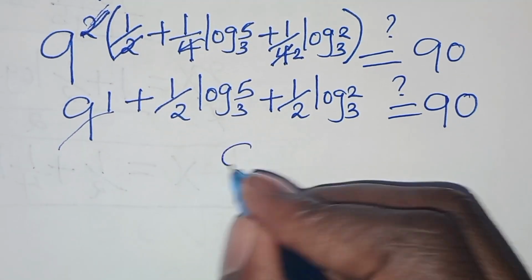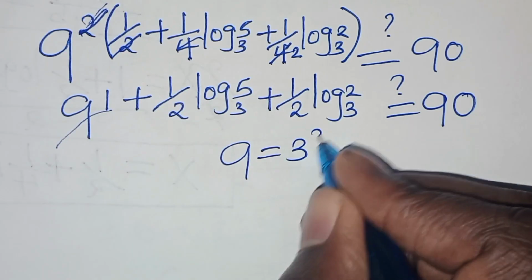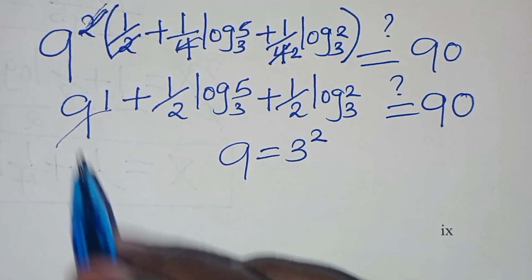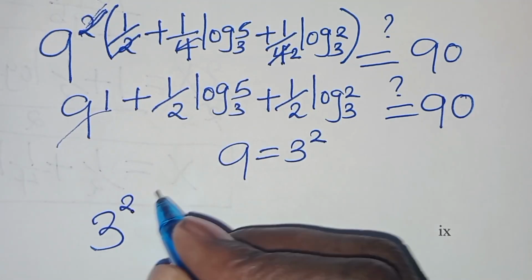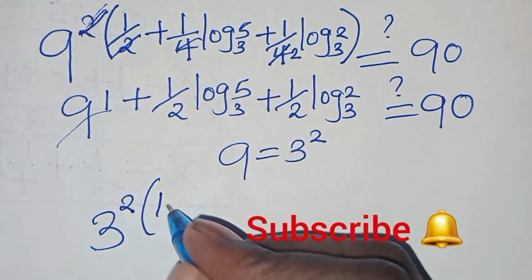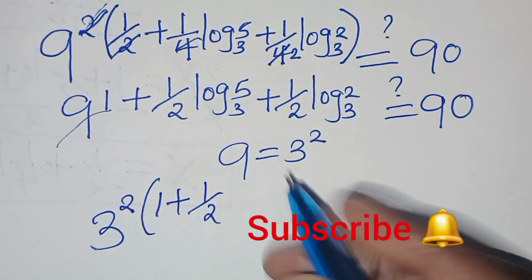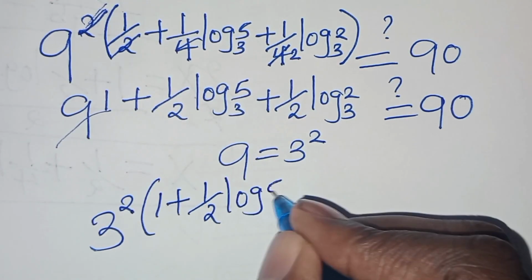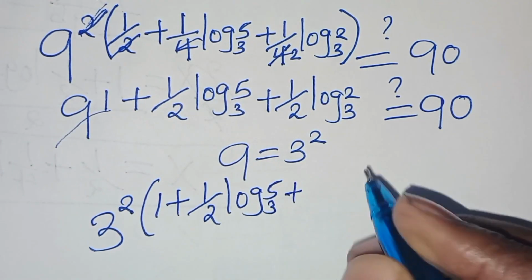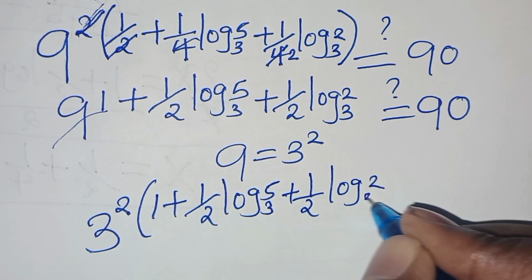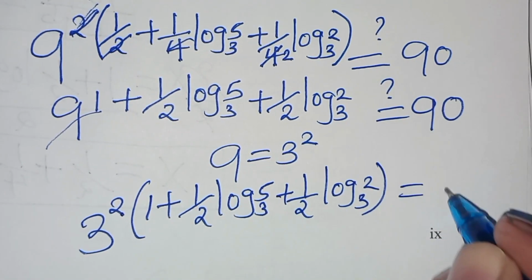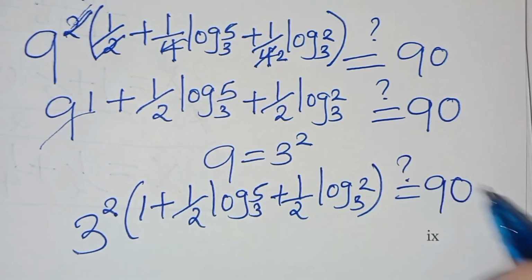So let's express 9 as 3 to power 2. So here, this is the same thing as 3 to power 2 multiplied by 1 plus a half log 5 to base 3 plus half log 2 to base 3, and this is supposed to give us a value of 90.